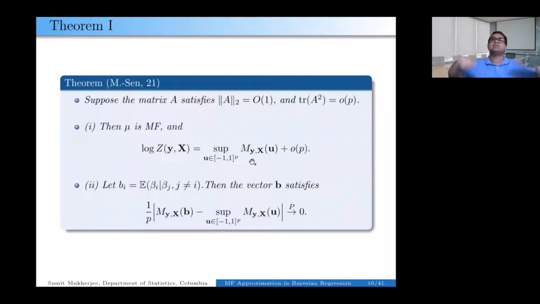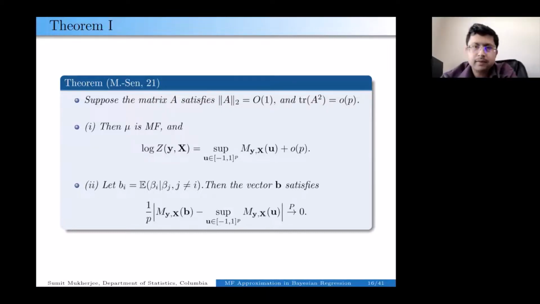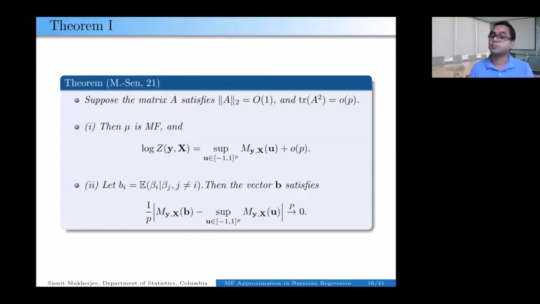Y and X are a sequence of fixed vectors and matrices here. So these are non-random quantities, the difference is small o of P. Because Y and X are fixed, the normalizing constant is just a number. Makes sense. Yeah, thanks. But this will change in theorems 2 and 3. For that, we'll need more assumptions.